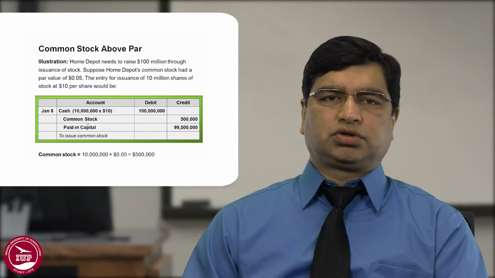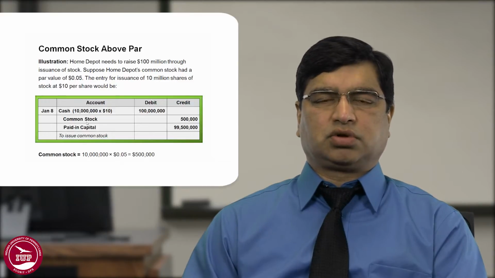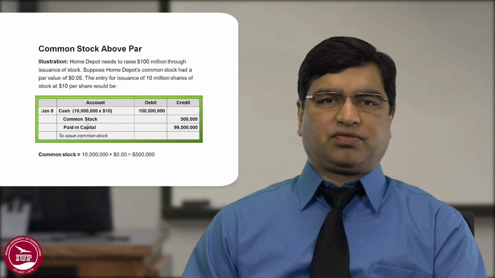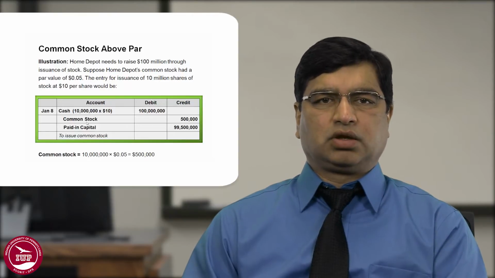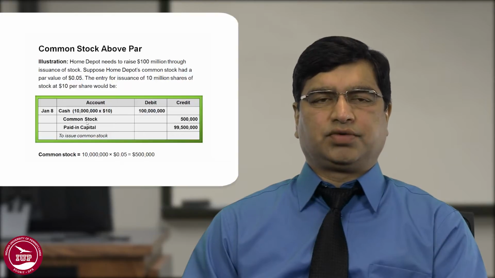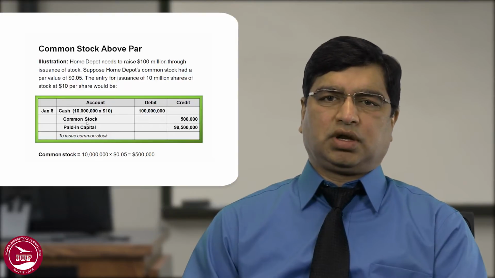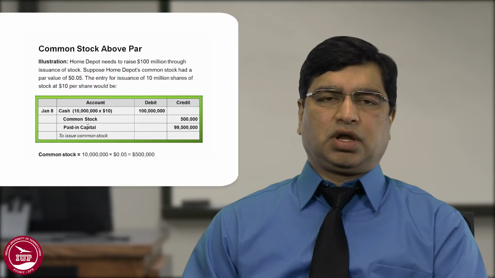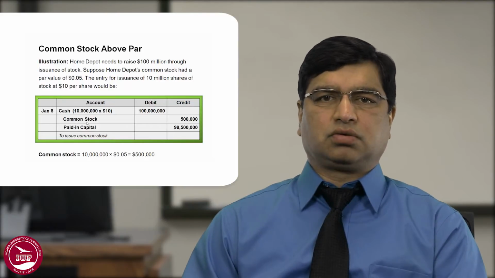The remaining goes to the paid-in capital, sometimes also called the additional paid-in capital, for $99,500,000. So please note that the common stock is created only with the par value of the stock. The remaining amount is put in the account called paid-in capital. Both are part of the stockholders' equity.